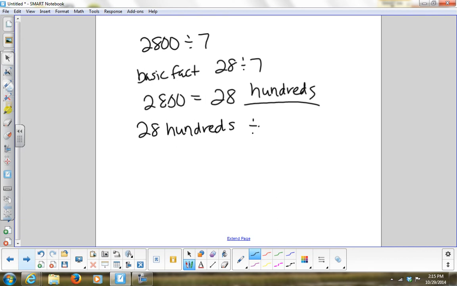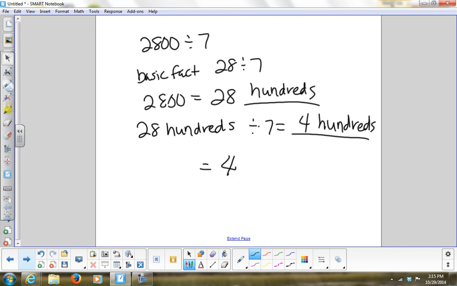divided by 7 equals, what should go there? What's 28 divided by 7? Or what times 7 equals 28? That's a division problem. What times 7 equals 28? 4. 4 what? 400. Okay, and then 400 actually just equals what?